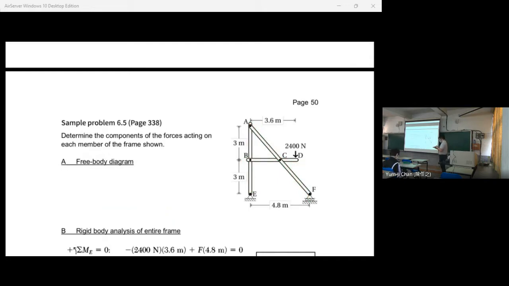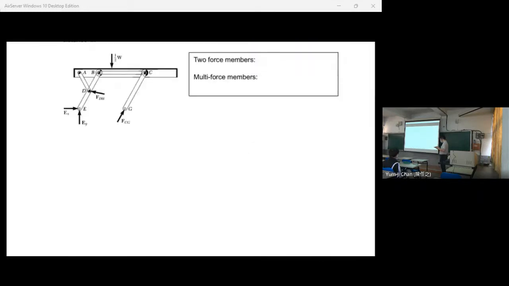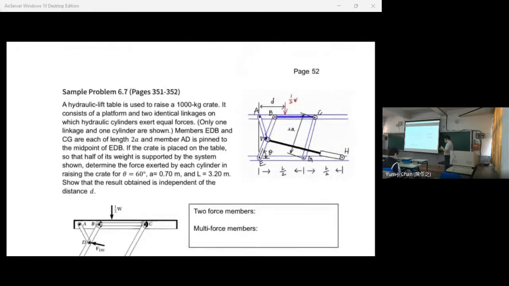And for a non-rigid body, for example, let's go to page 52. Page 52 is what we call a hydraulic lift table.